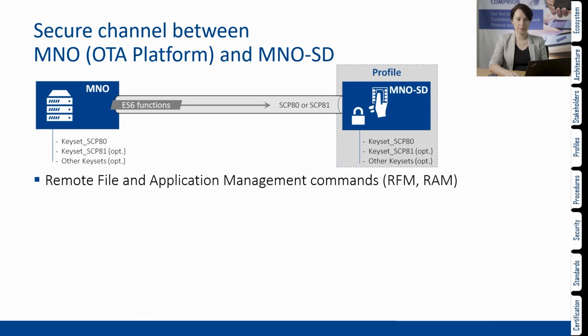On the ES6, the secure channel is between the MNO and its OTA platform and the MNO-SD. So this is the specific security domain inside of the profile. As you remember, the operator talks to his profile actually. It's used for the remote file management and remote application management commands, RFM and RAM.